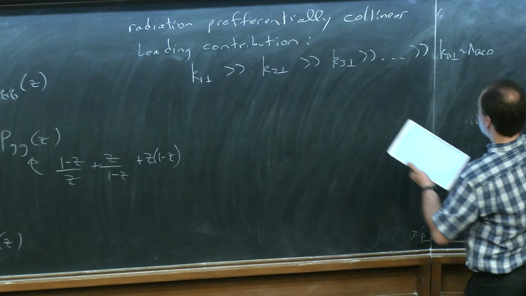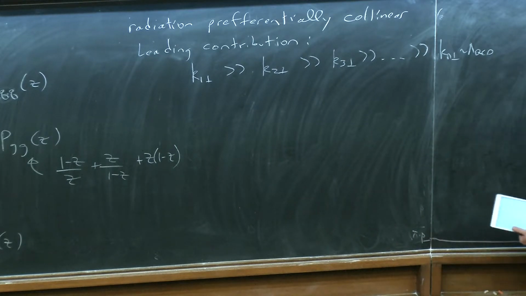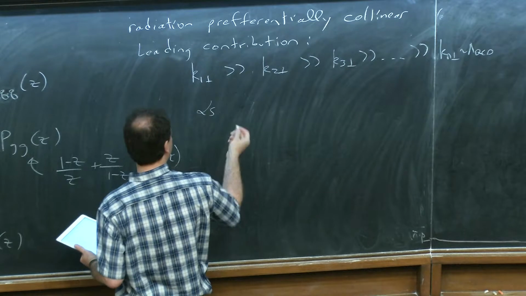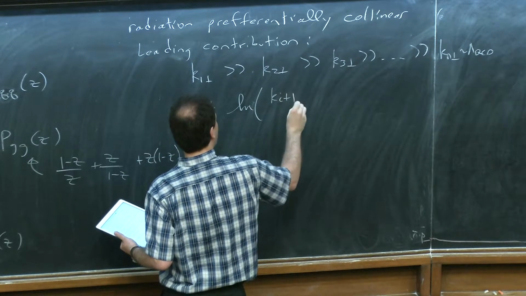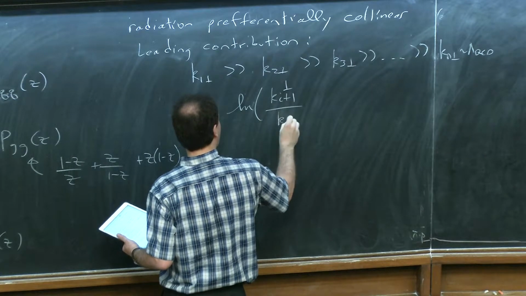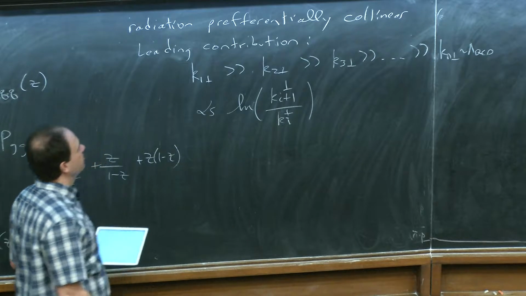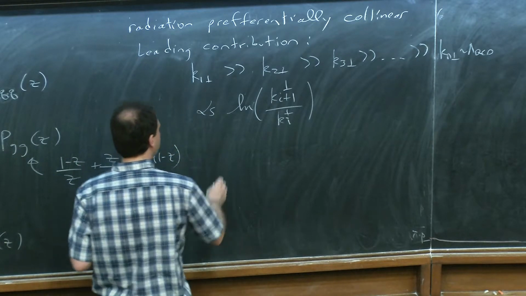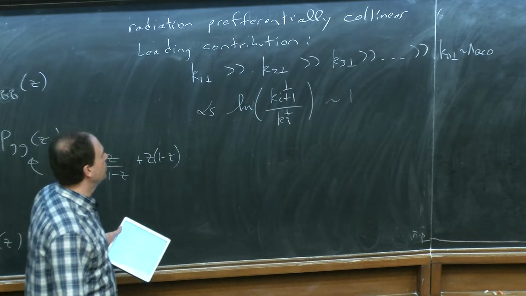I'm basically going to shower as long as I can, all the way down the line, while I have this strongly ordered hierarchy. And the reason that's going to happen is because even though I get an alpha_s for every emission, if I've got k_{i+1} perp divided by k_i perp, and these are strongly ordered in the sense that one's much bigger than the other, this logarithm can compensate for the alpha_s. And so this could be of order 1. And then there's no suppression to the emissions.